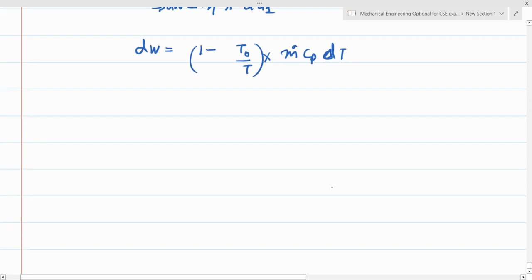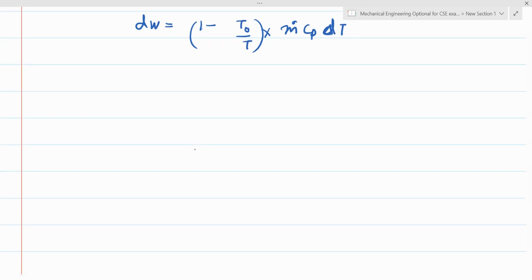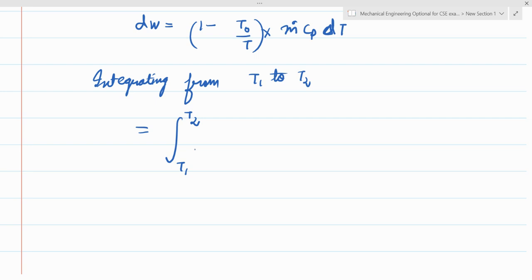Now we have got the expression of work. With this differential expression, if we integrate, then we can get the total work done. So integrating from T1 to T2, we get the integral from T1 to T2 of 1 minus T0 by T multiplied by m dot Cp dT.